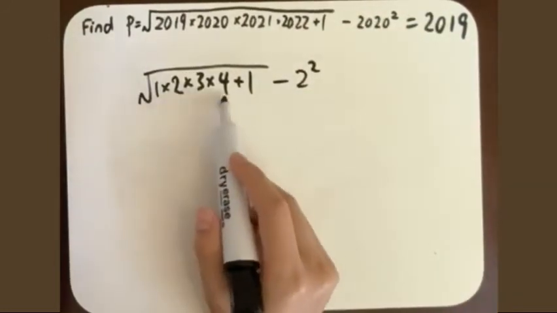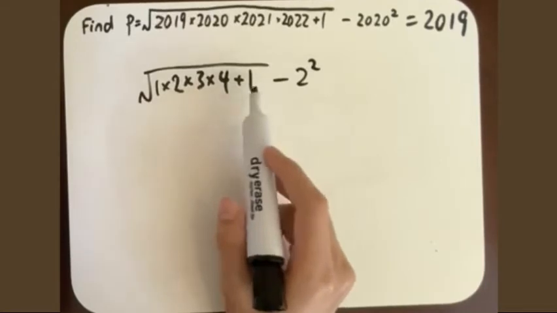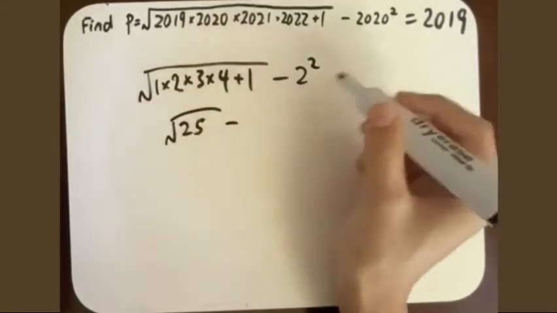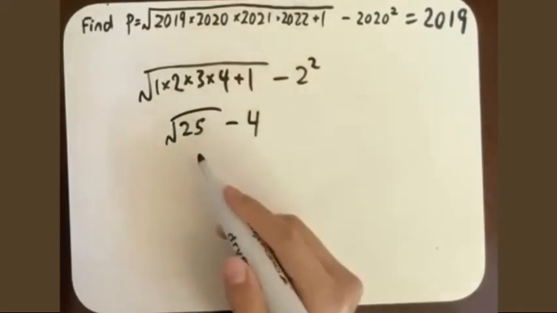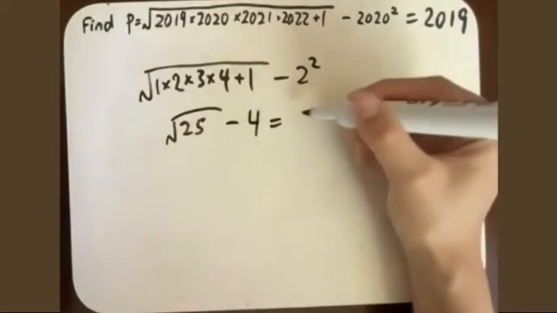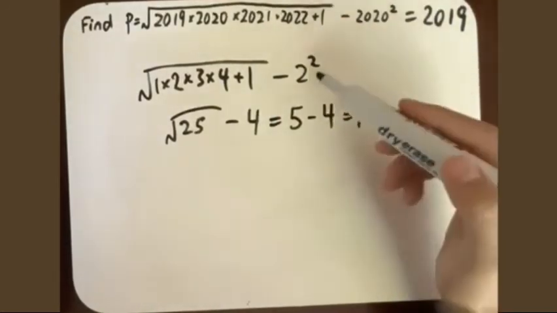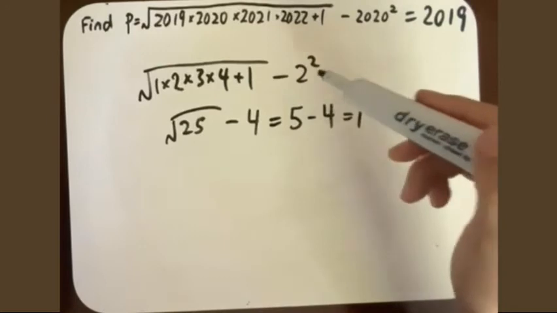1 times 2 times 3 times 4 is 24, plus 1 is 25. Square root of 25 minus 2 squared is 4, and we know square root of 25 is 5. 5 minus 4 equals 1, and 1 is 1 less than 2, which is squared.